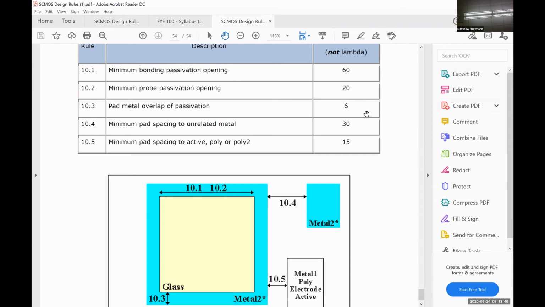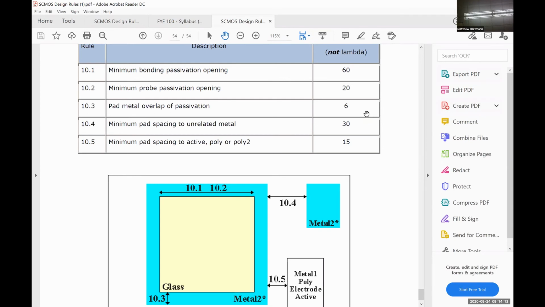Now, you can also use the topmost metal layer for probe openings, which is defined in 10.2. And we'll talk about it in a moment, but effectively, probes, their openings are smaller because we're not permanently soldering anything to it or anything like that, right?